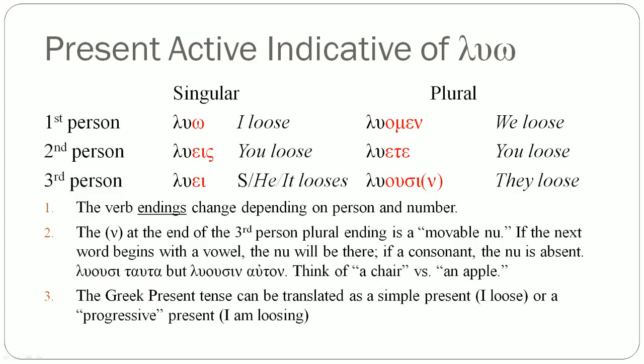And you can do that with any Greek present verb. You can translate it both ways, and so it is a good idea to keep that in mind so you can explore the various connotations. What does it mean to say the light shines in the darkness versus the light is shining in the darkness? So there is the practical lesson for this week.